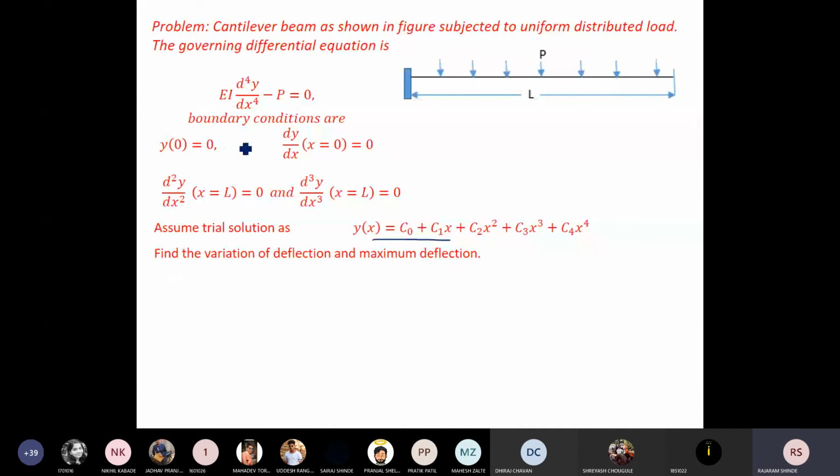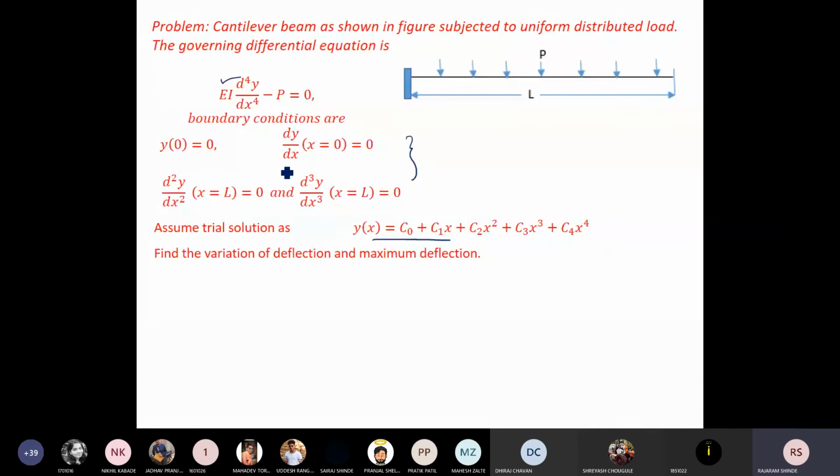See here, order of the polynomial should be equal to the order of the differential equation. Here I have taken fourth order polynomial because my differential equation is also fourth order, and I need four boundary conditions, and here there are four boundary conditions. Differential equation will be given to you.